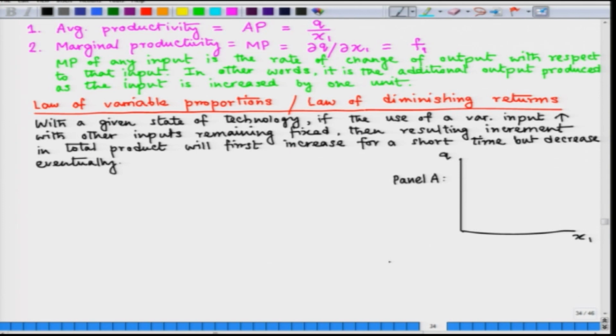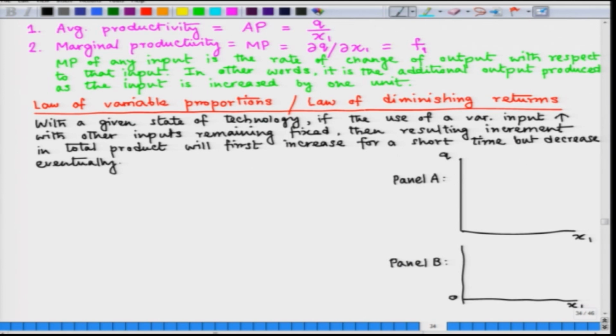Now, at the bottom I am going to draw a panel B diagram. So, we measure the variable input x1 along the horizontal axis, this is 0. So, this is the positive side of this and this is negative side.